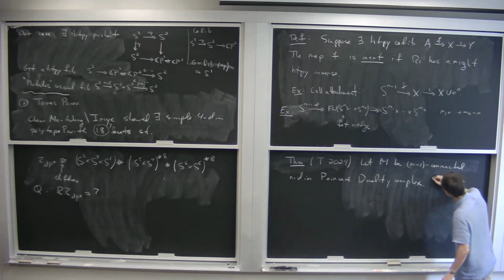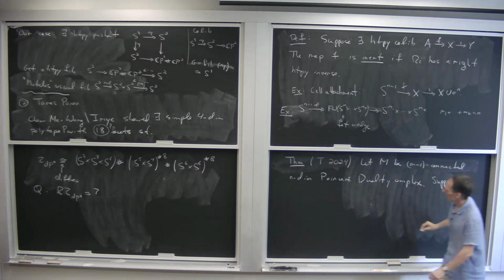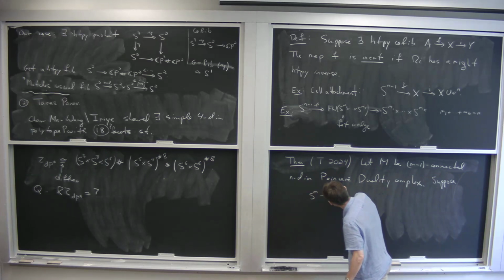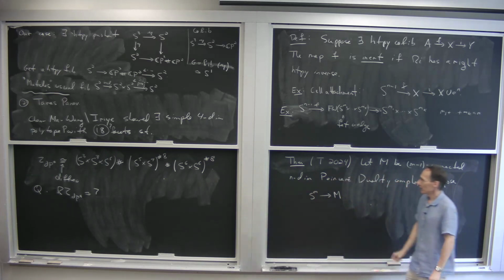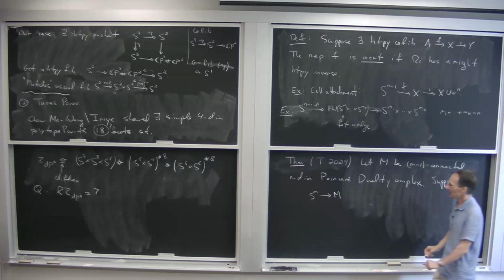When I say (m-1)-connected, I really mean that there's non-trivial homology in dimension m, right? So the Hurewicz homomorphism would say you've got some map from S^m into M, which is non-zero.